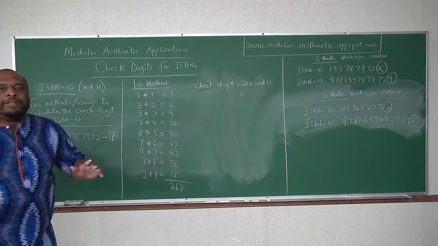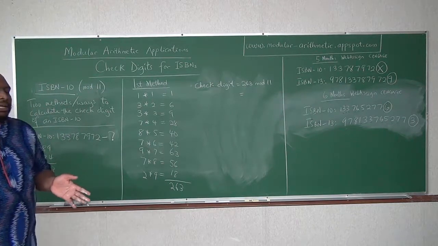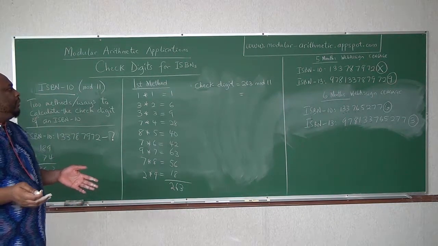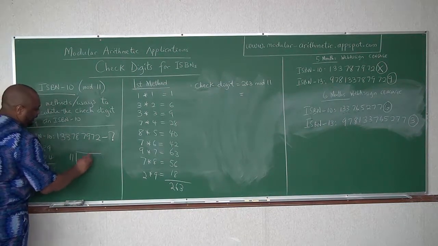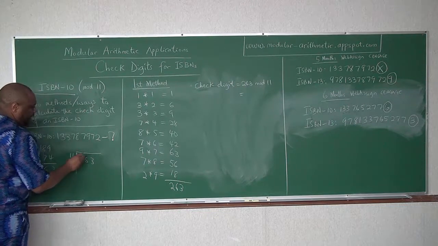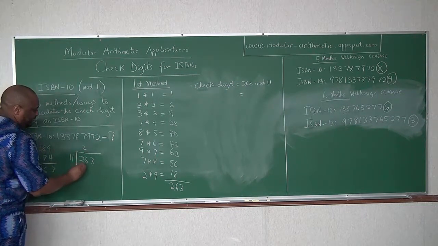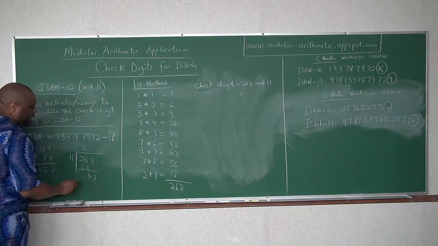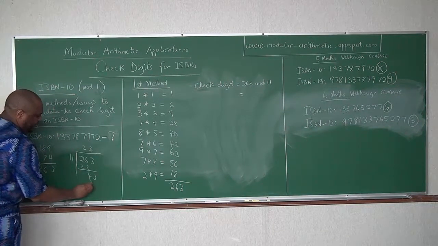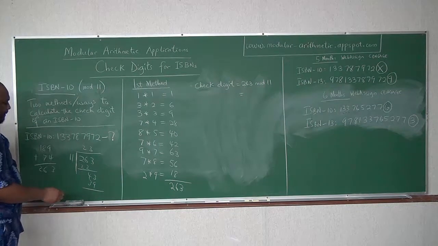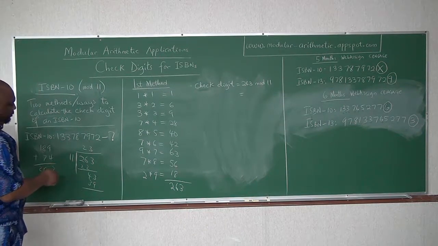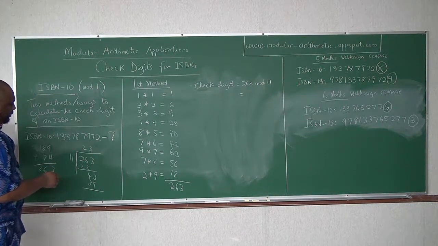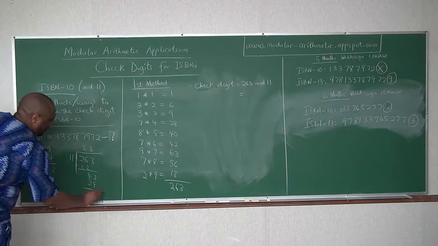So we divide 263 by 11. 2 times 11 is 22. We have 43. Then we have 3, 39. Okay. Yeah, 2 times 11, 22. 43. So then 13 minus 9 is 4.